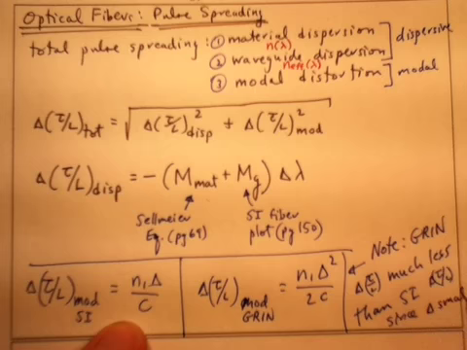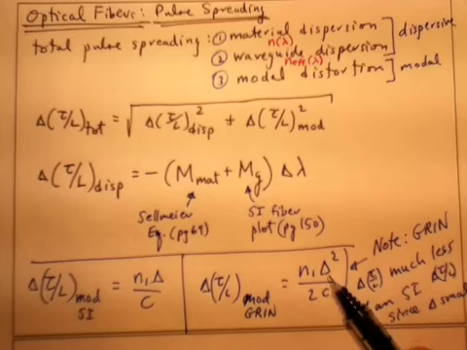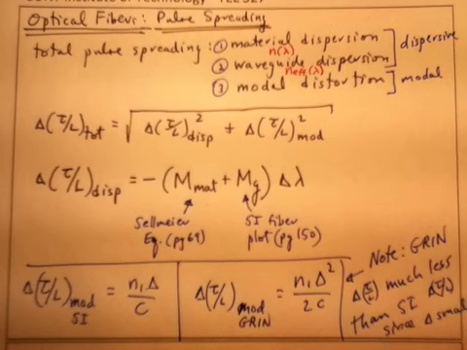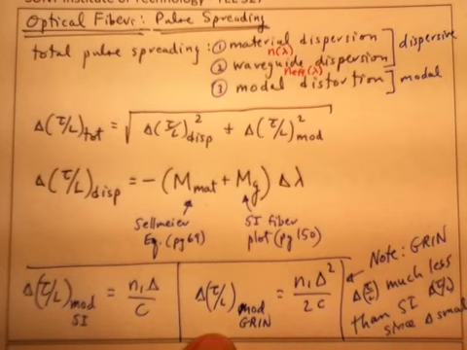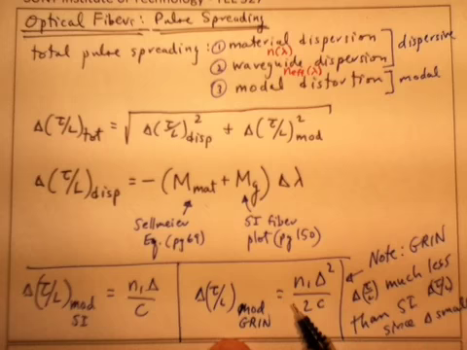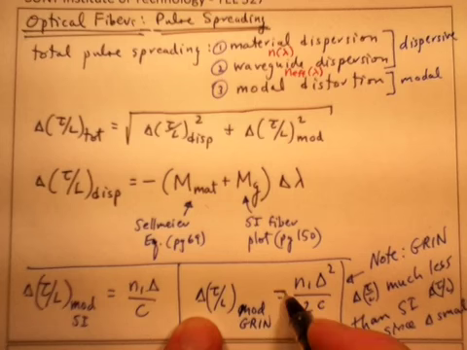So the delta for most waveguides is on the order of a few percent at most, typically less than 1% even for the fibers we look at. So this equation tells us why essentially all multimode fibers have a GRIN index profile, because it lowers the pulse spreading per unit length by a factor of maybe 50 or something like that. Okay.